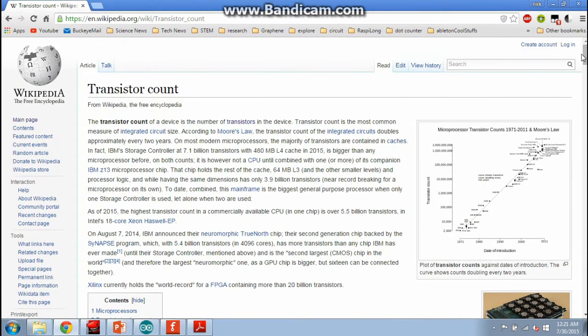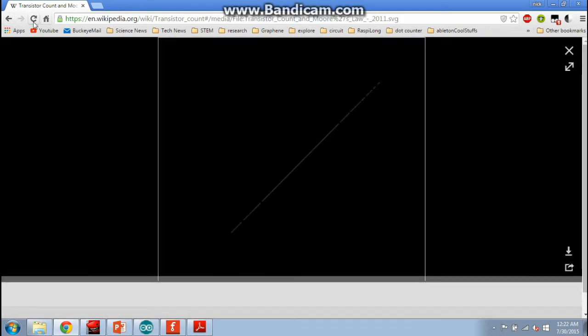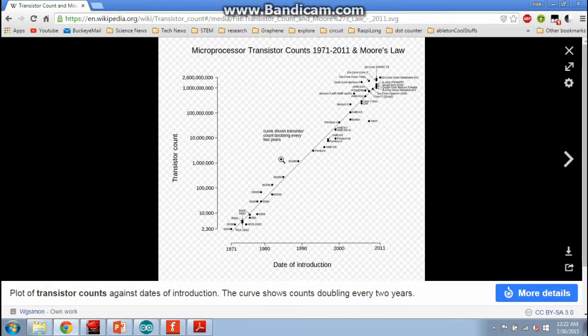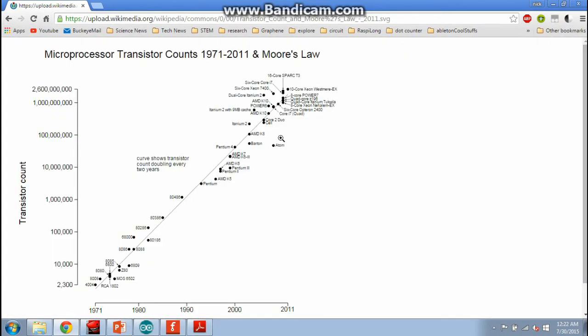And to give you an idea of how fast this technology has advanced, I want to talk to you about something called Moore's Law, which you may have heard about. The curve shows transistor count doubling every 2 years.